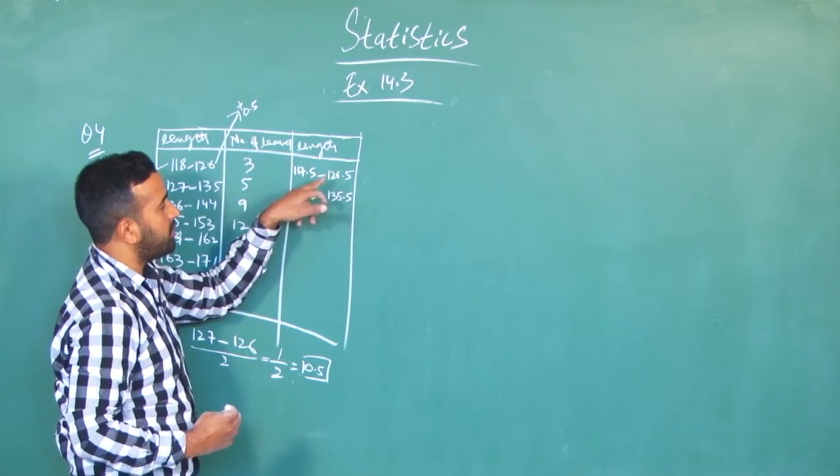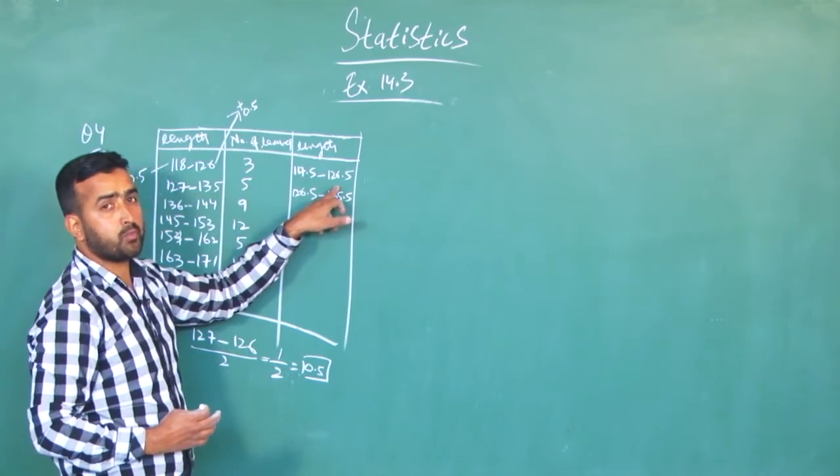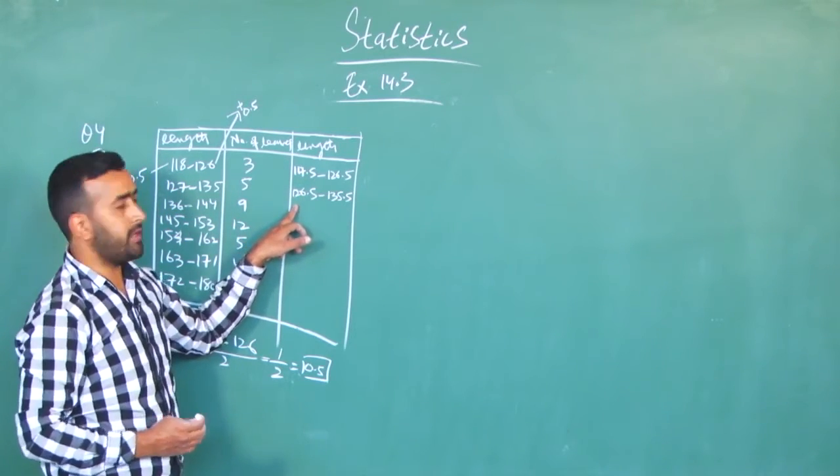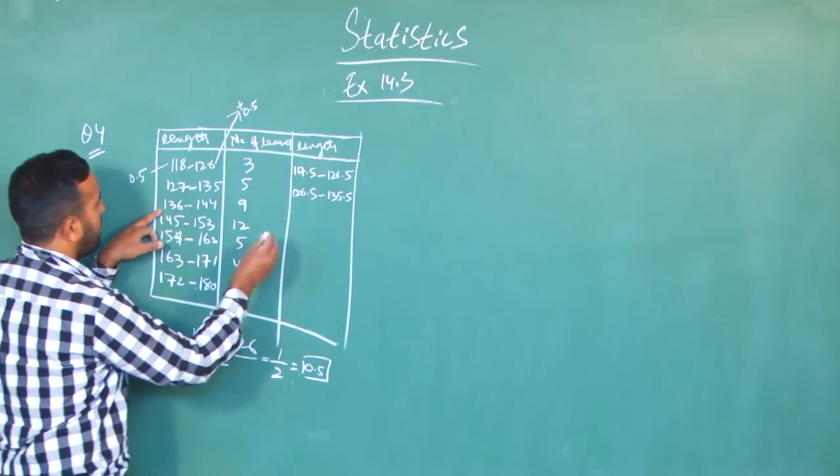Here the upper limit of the first group, that is 126.5, is equal to the lower limit of the next group. So accordingly we have to subtract.